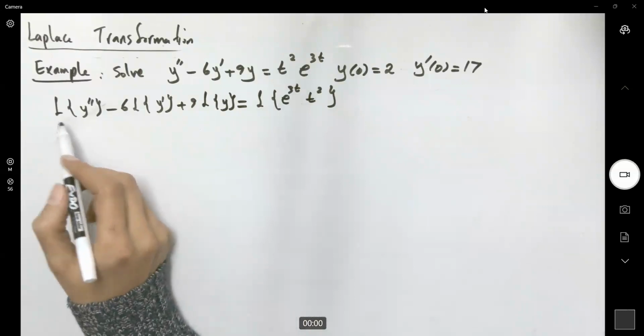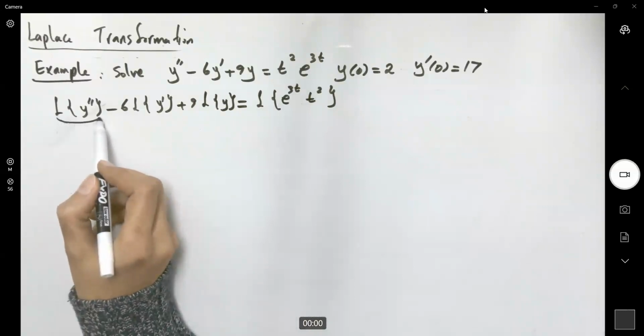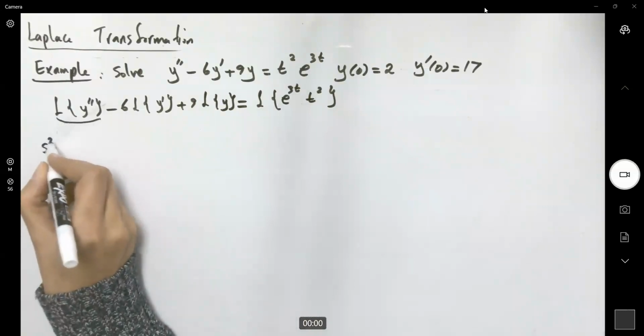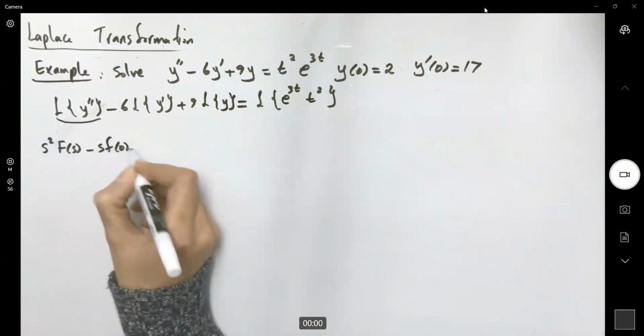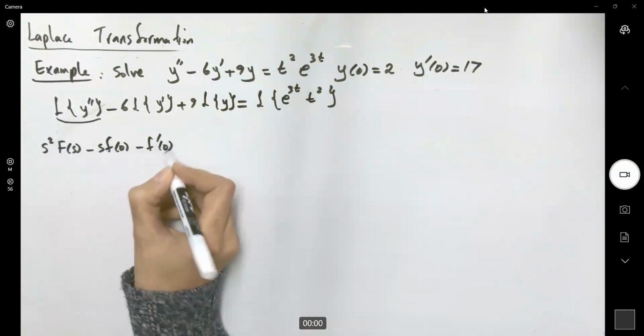So very well. For the first term, we already know this equals s squared F(s) minus s f(0) minus f'(0).